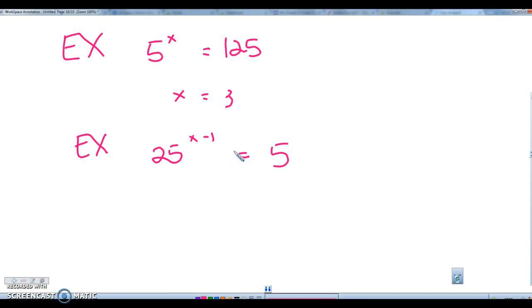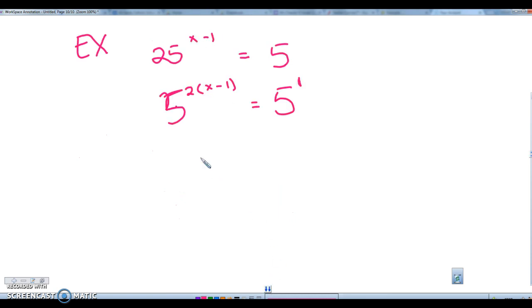Well, let's break down 25 so I get the same base on both sides. I know that 25 could be expressed as 5 squared. And I still have that x minus 1 power hanging out up top. And this is really 5 to the 1st. If I have the same base, I can set the exponents equal to each other.